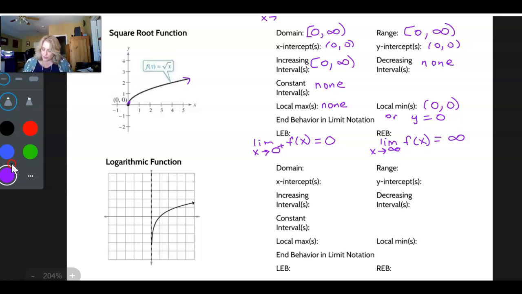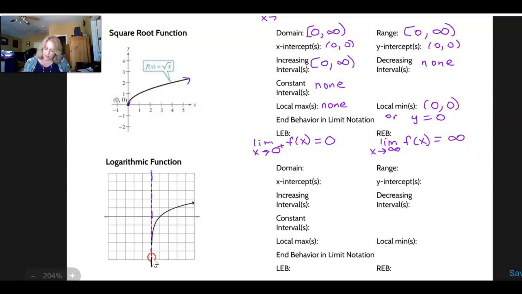What you need to know is that this y-axis is an asymptote. What that means is that this graph will go along here and it'll get really close, but it won't actually hit the y-axis. So the starting point is near 0, but it doesn't actually hit 0.